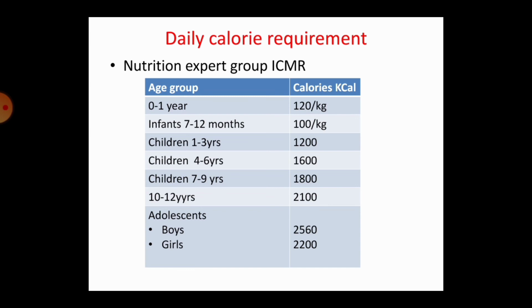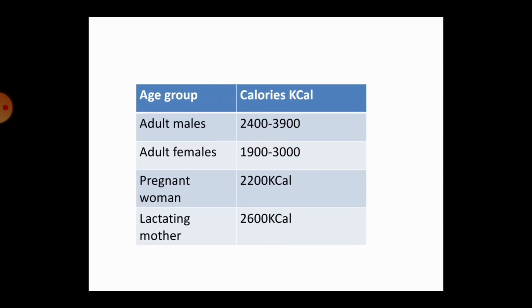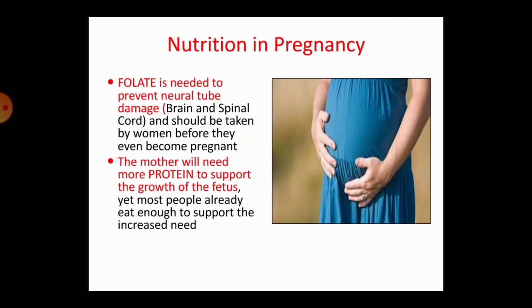As the age increases, the calorie requirement is increasing. For adolescents, boys need slightly higher, 2560 kilocalories, compared to girls. Adult males and females, and pregnant women, it is 2200 kilocalories, and for a lactating mother, it is 2600 kilocalories.